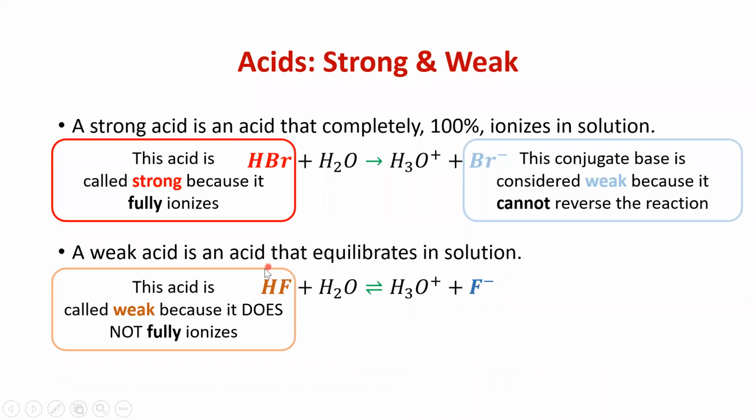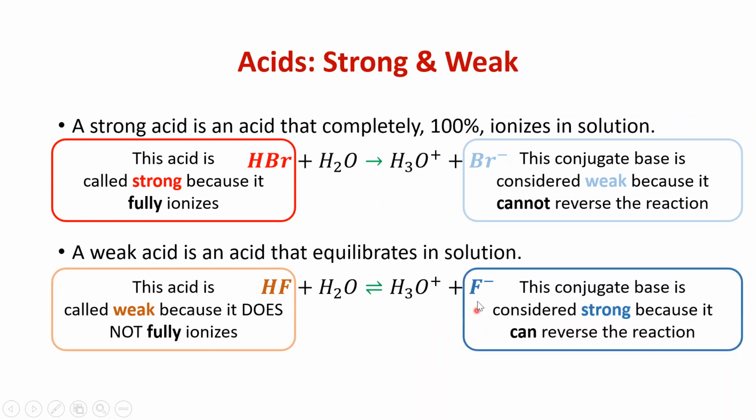But because this is a weak acid, it doesn't fully ionize. That means that the conjugate base is strong enough that the reverse reaction is going to take place. So for strong acids, the reaction essentially goes to completion. For weak acids, it reaches an equilibrium.